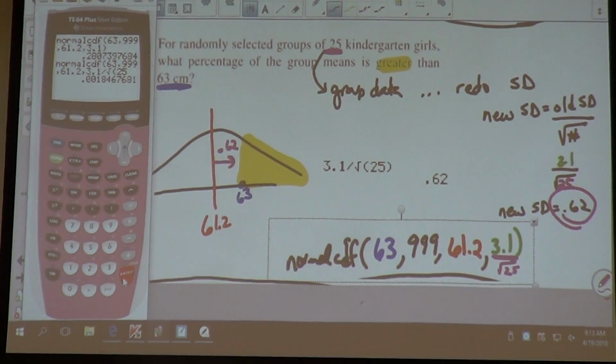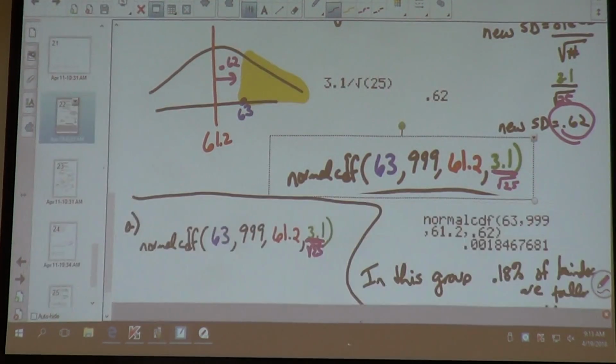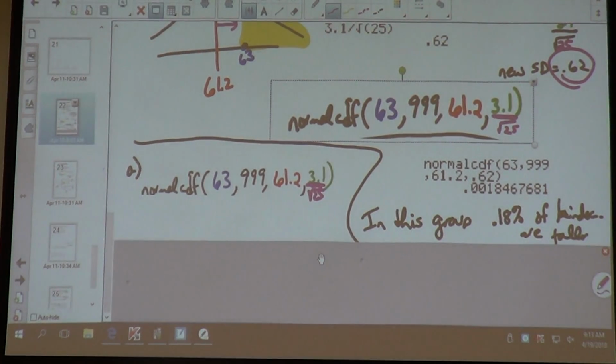There's part B. I am a cheater, and I'm proud of it. All I did was divide by the square root of 25.